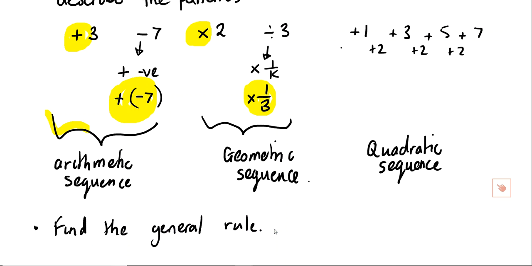What is the purpose of finding a general rule? So you can find out future terms. Yeah, definitely you can find out future terms. All right? Not necessarily even future terms, you can find out any term.